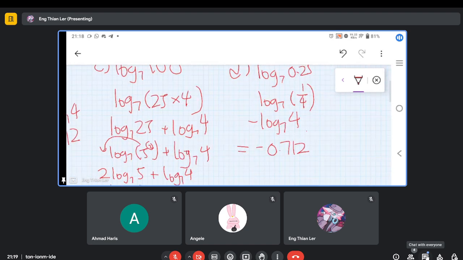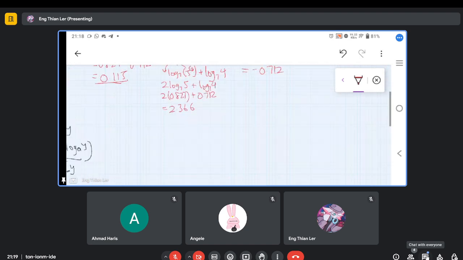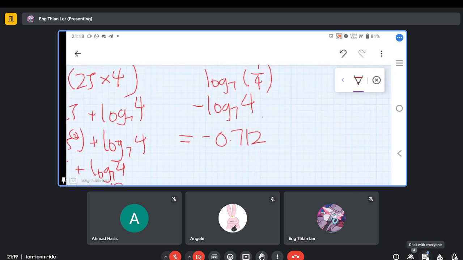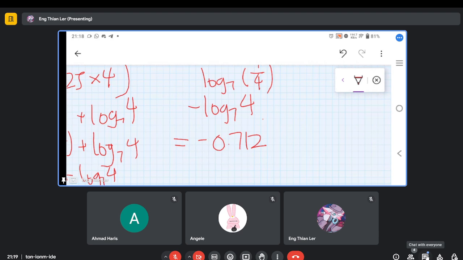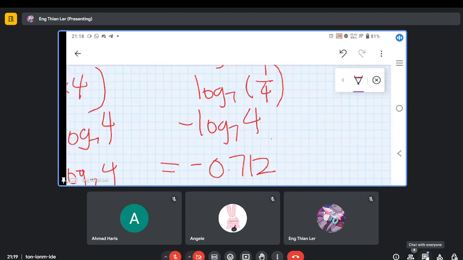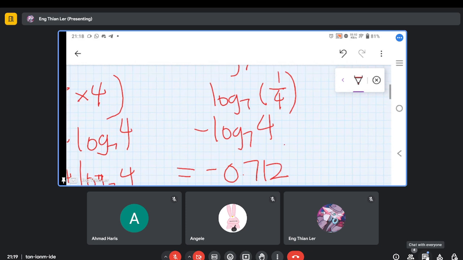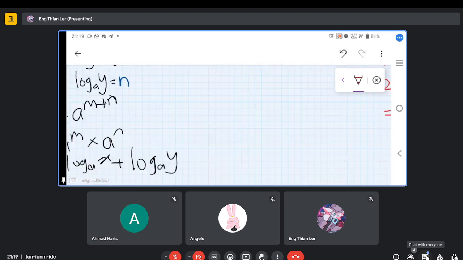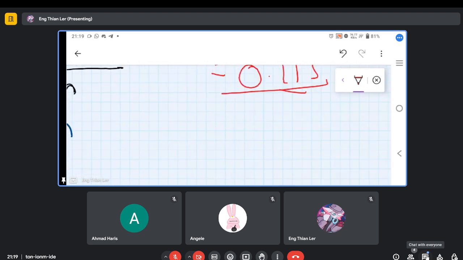And before we get confused, you can actually get a negative answer. Why? Because when the index is less than 1, you get negative, right? Like negative 1.